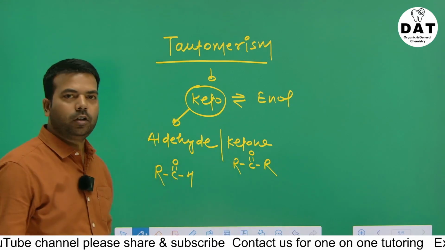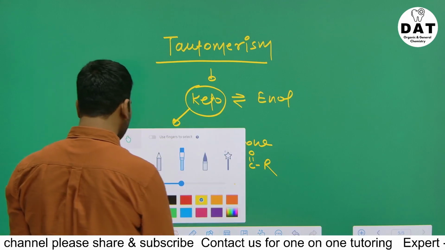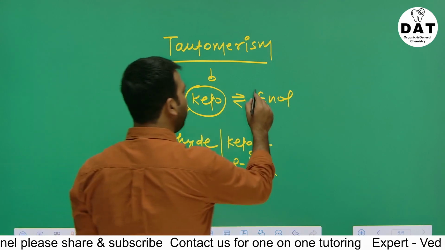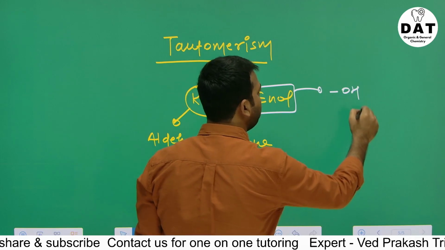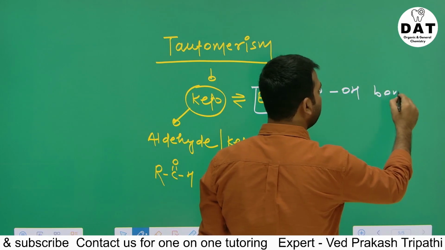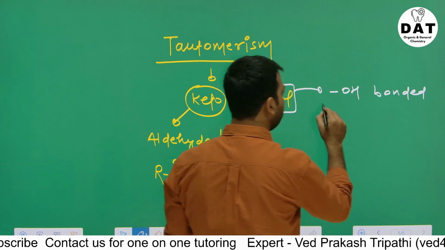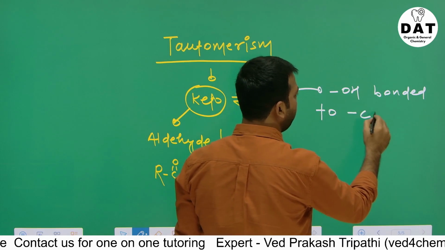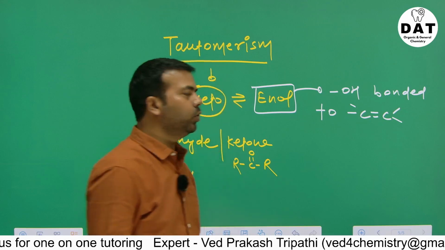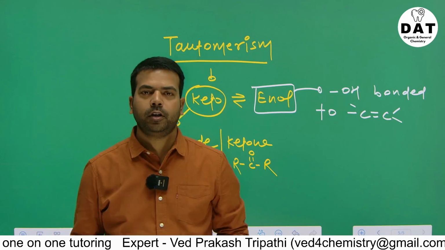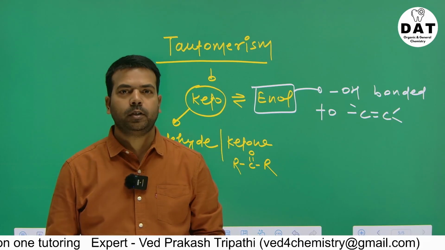And what is enol? Enol means whenever OH is directly bonded to a double bond carbon, means OH bonded to carbon double bond carbon. So those compounds in which OH is directly bonded to a carbon double bond carbon are called enol.